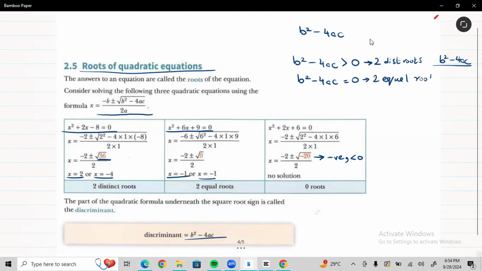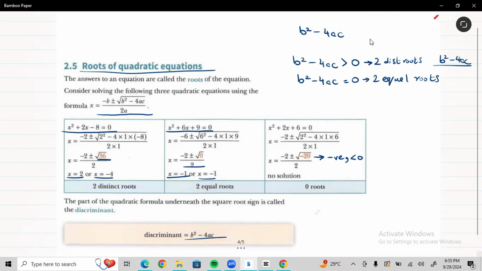That would mean if the answer underneath the under root is exactly 0, then we are going to get two same values for our quadratic equation. As we can see, -2 plus minus under root 0 divided by 2. Basically, whenever we get an exact 0 underneath the square root of our quadratic formula, we are going to get two equal roots for our answer.